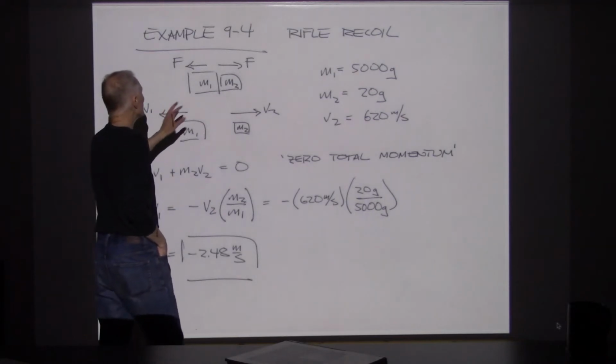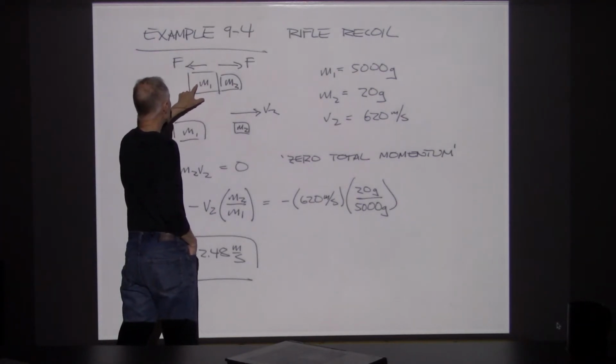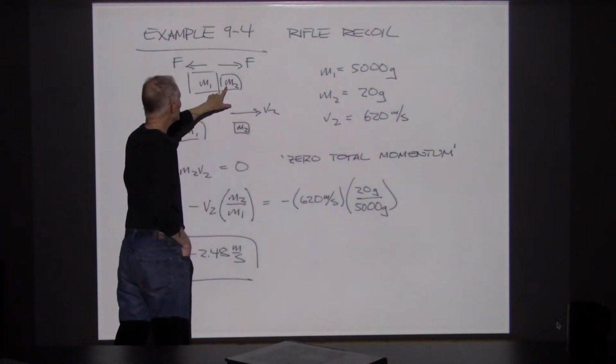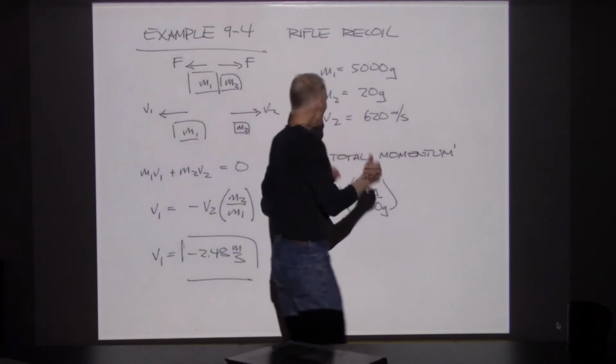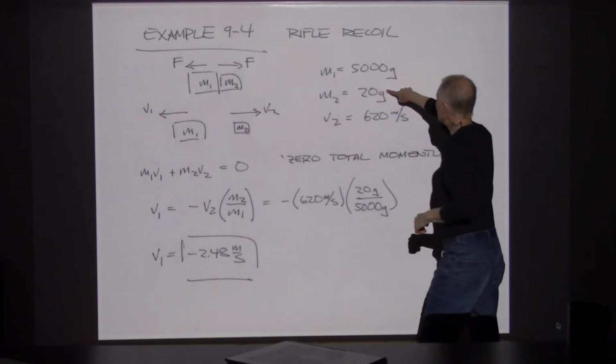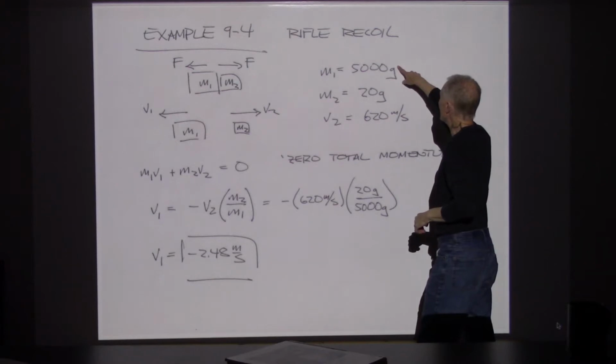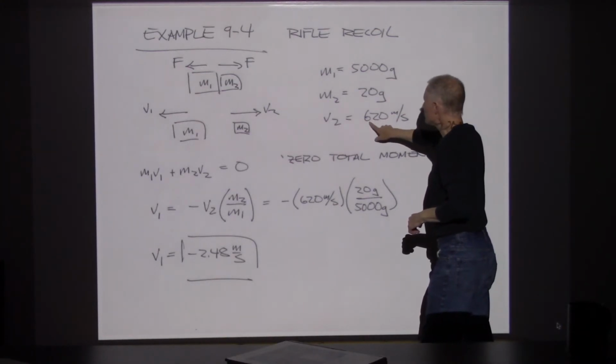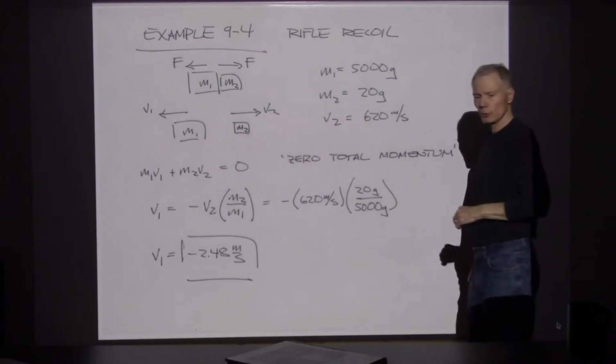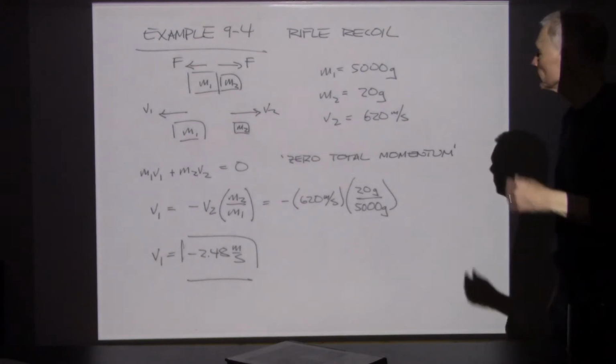So what we're going to do is just treat that as two objects, object 1, object 2. Now in this case, the masses are very different, right? They're saying the bullet is 20 grams, the rifle is 5,000 grams, and the speed at which the bullet comes out is measured to be 620 meters per second.